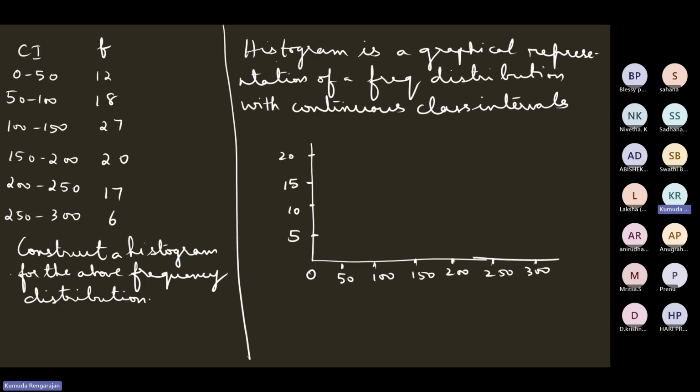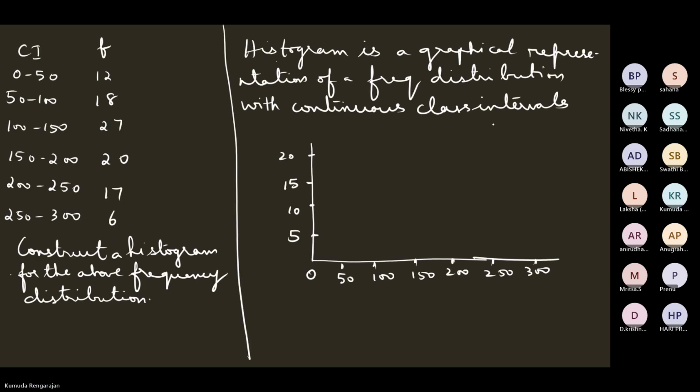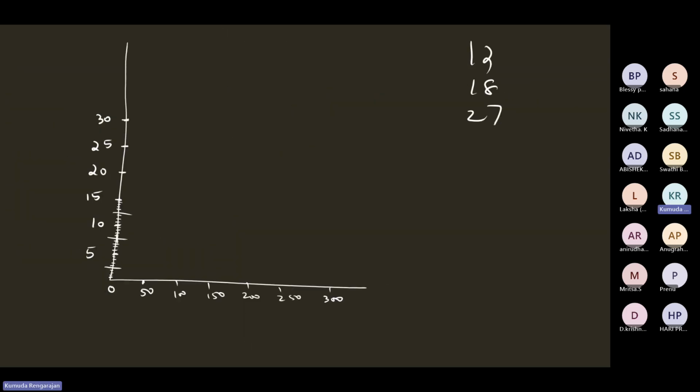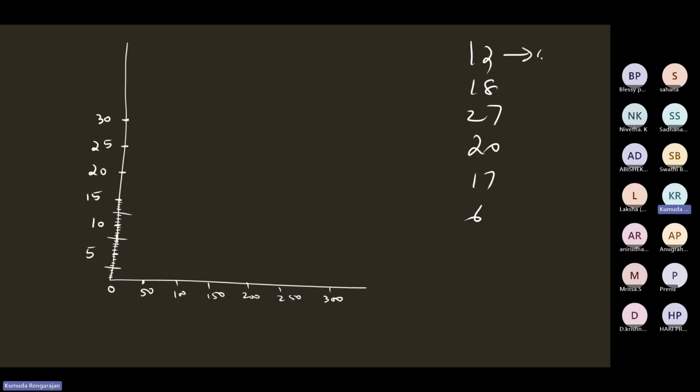So now we have to mark the frequencies 12, 18, 27, 20, 17, and 6. It starts from 0 to 50, then 50 to 100, 100 to 150, 150 to 200, 200 to 250, and 250 to 300.